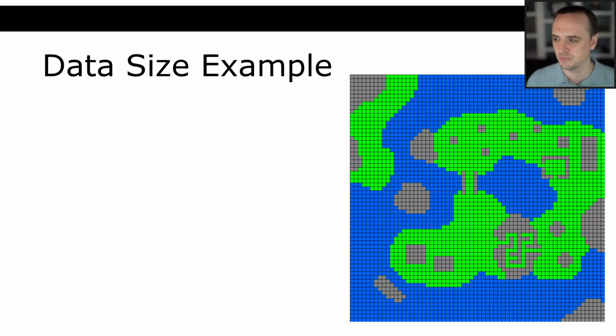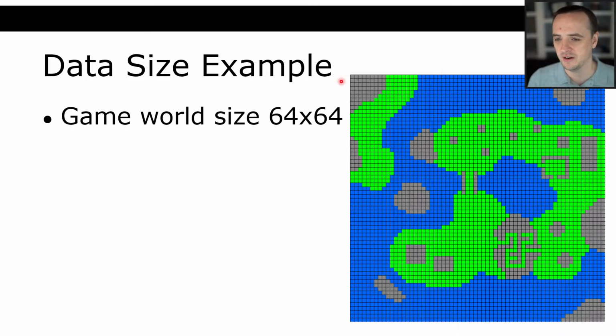So here's an example. If you've taken Computer Science 3200 with me, you might be getting PTSD from this image. But let's just say you have a game world, right? And that's size 64 by 64. Your default computer science brain might say, okay, how would I store the player's location? Well, I'm just going to have an int for the x and an int for the y, right?